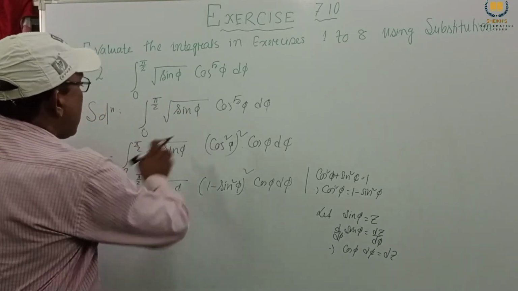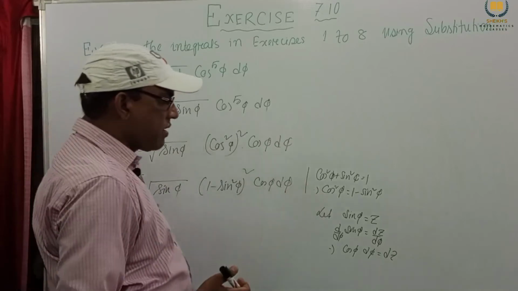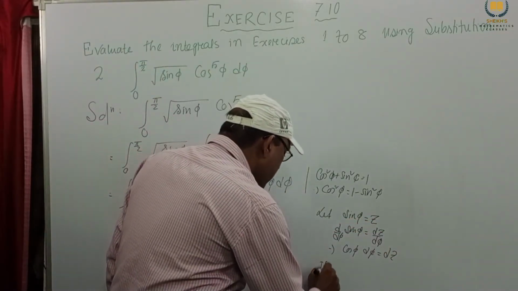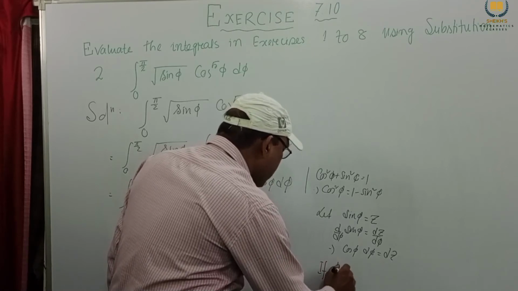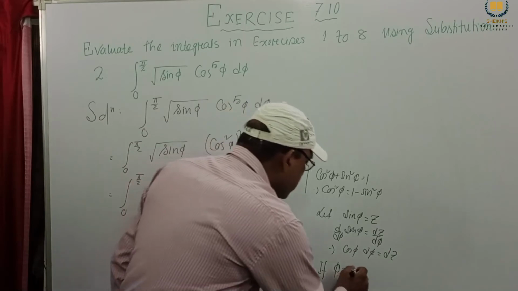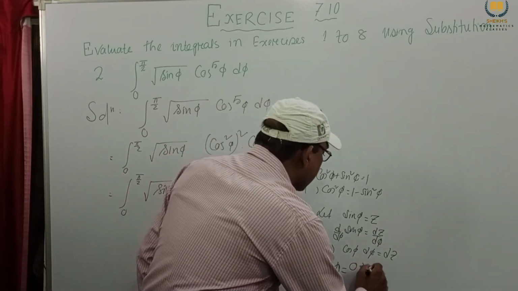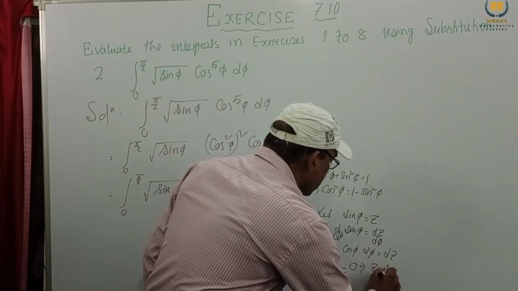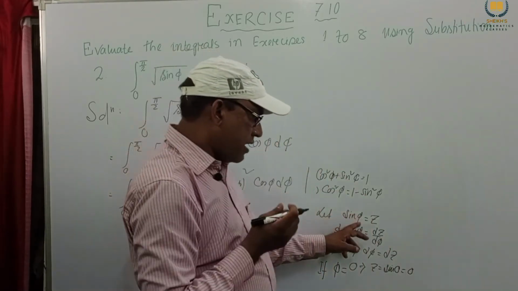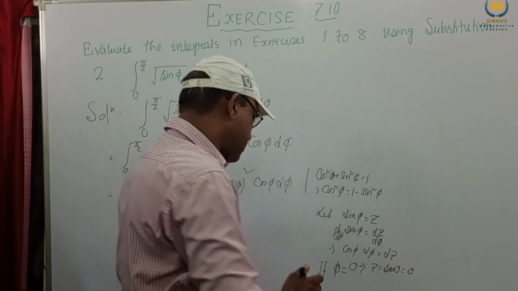Again we interchange our limits, because our limits given are 0 to pi by 2 for phi, but we convert the problem in terms of z. If phi equal to the lower limit 0, then z equals sin 0 equals 0.